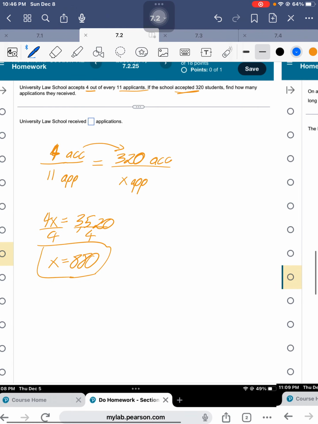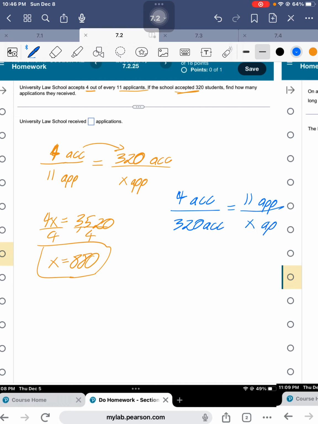Now, the same way we can express this, I'll do it in blue. If you really wanted to, you could do 4 acceptances is equal to 11 applicants, and instead of the 320 being on the top, we put it on the bottom here: acceptances to x applicants.